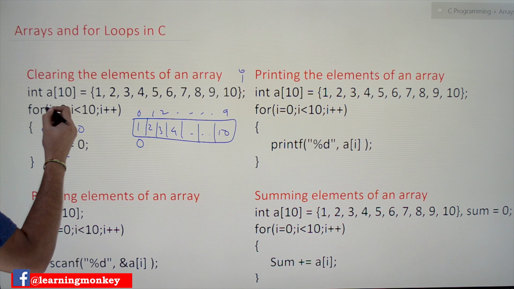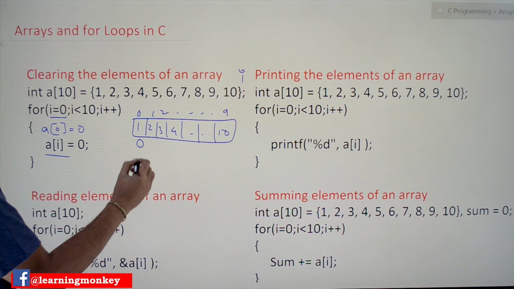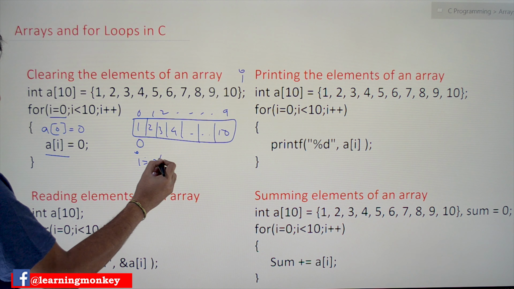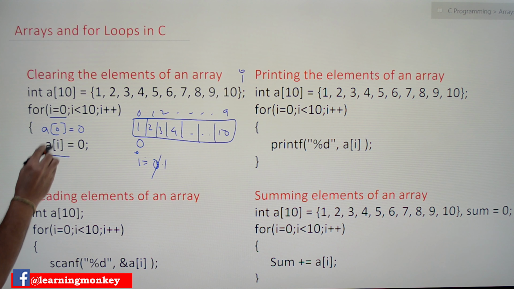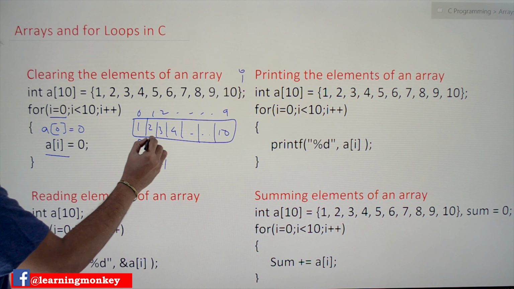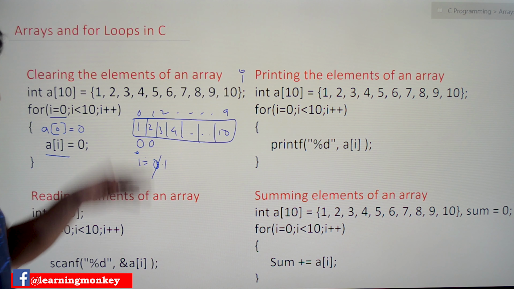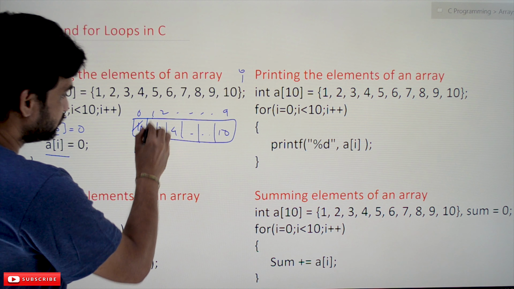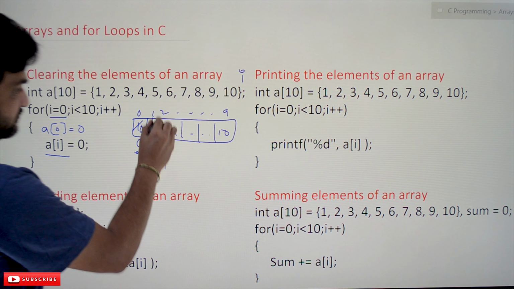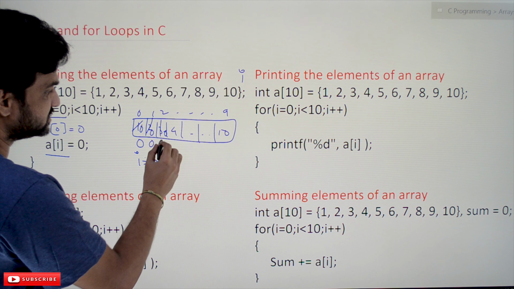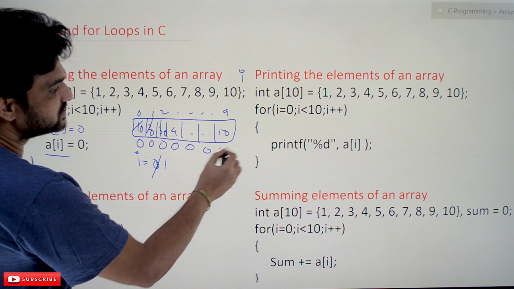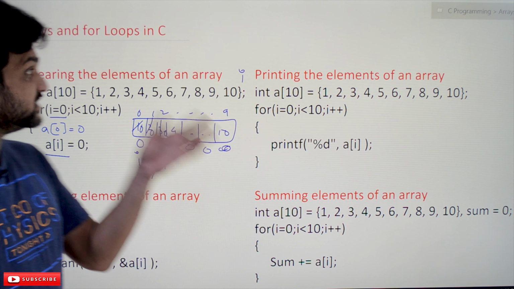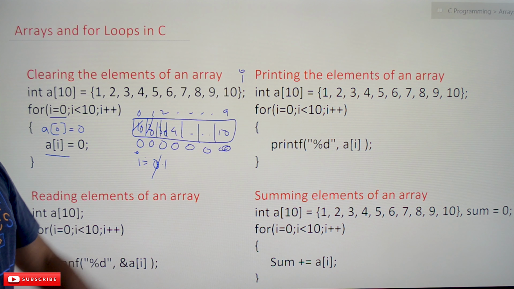In the second iteration, the value of I is incremented to 1, so a of 1 is equal to 0, and this value will be overwritten with 0. So 1 will be overwritten with 0, 2 will be overwritten with 0, 3 will be overwritten with 0. In the same way, all the values in the array will be overwritten with 0. This is what we call clearing the elements of an array.